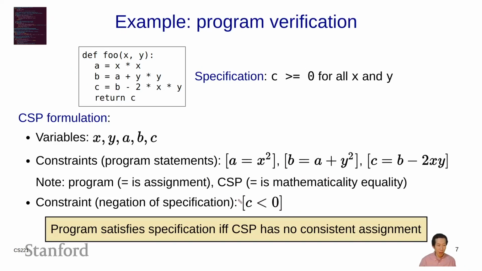It can start with this constraint, c less than 0, and work backwards. It can look backwards through c, b, and a, or it can look forwards starting with x and y, or it can do it in a more sophisticated order. Whereas if you were only to execute the program, you can only go forwards. So this shows you the flexibility and power of reasoning over programs using a constraint satisfaction problem.